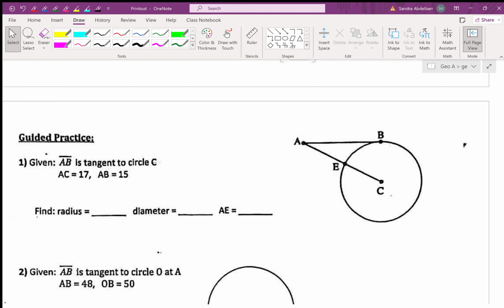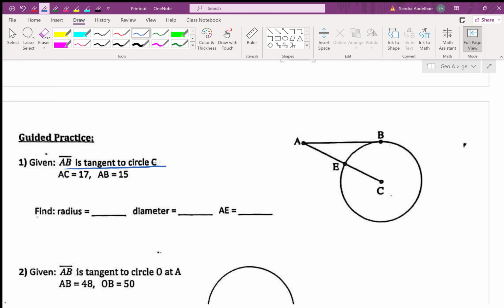Right now, the way AB is drawn, it looks like it could potentially touch that circle again. It doesn't matter how it's drawn. What matters is how it's given. So if I tell you that AB is tangent, that means that segment AB will never touch that circle again. So we go by the given information, not necessarily how it looks. Are we okay with that?